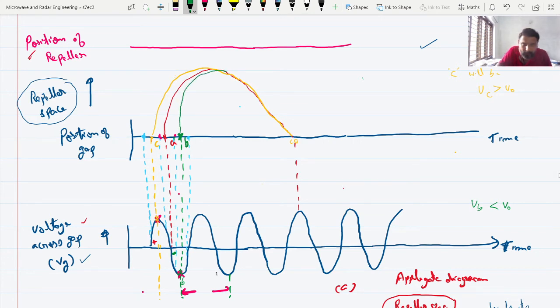Slowly it will move like this and get bunched together, in the same direction.